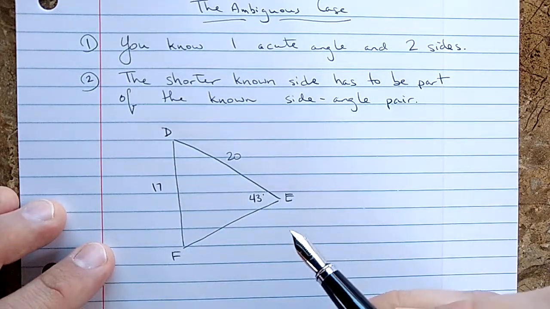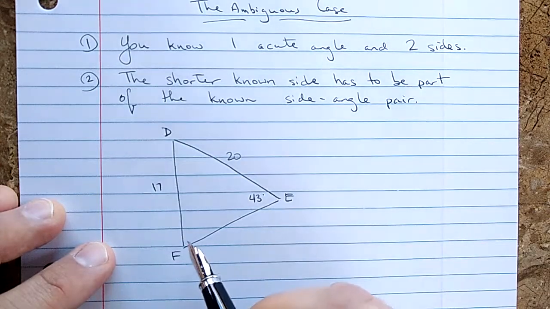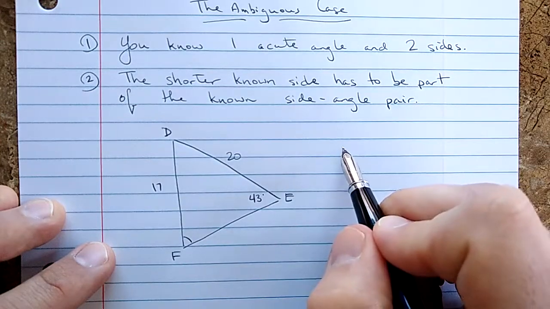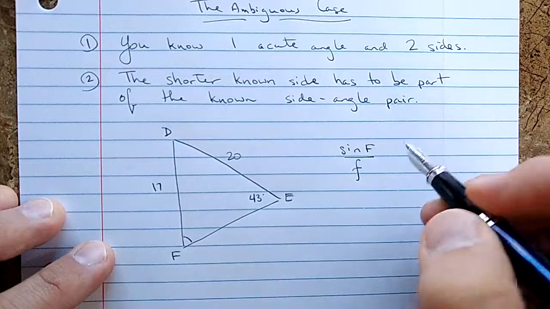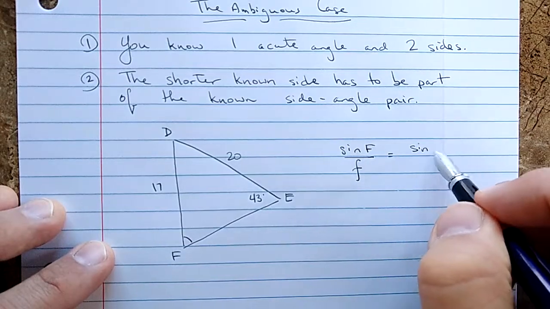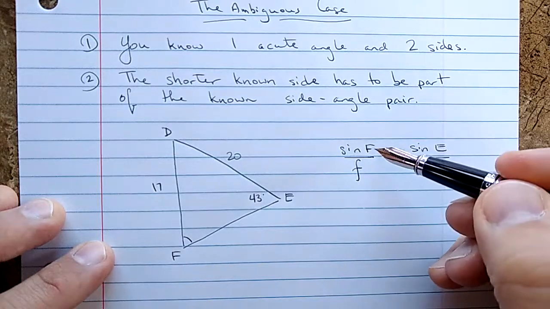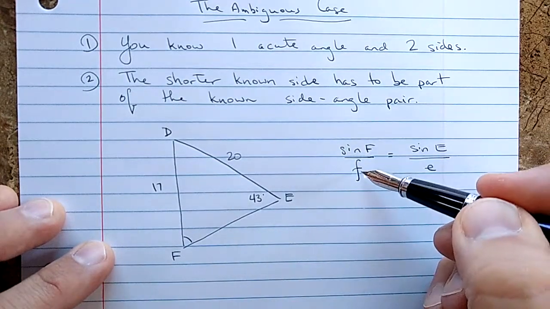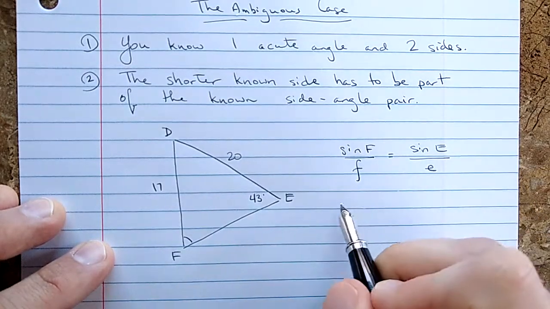Let's set up our sine law situation. Maybe I'll write down the sine law formula first. Here it's the angle F that is the concern. Sine of F divided by side F, which is 20, is sine of angle E divided by side E. Notice we use capitals for the vertices for the angles, and for the side lengths that are opposite, we use the same lowercase letter.